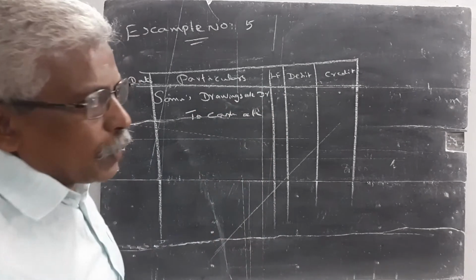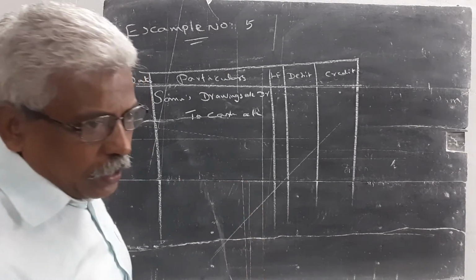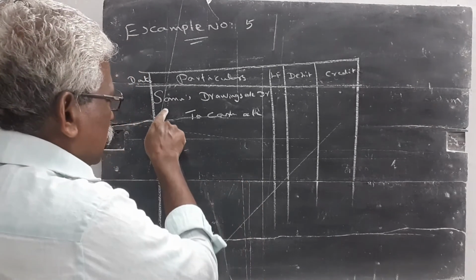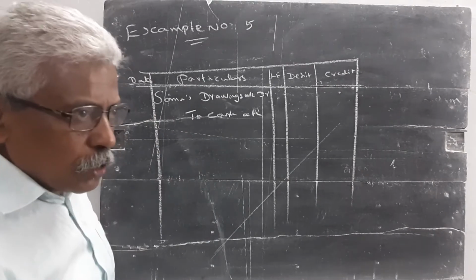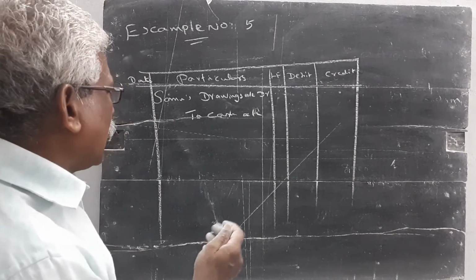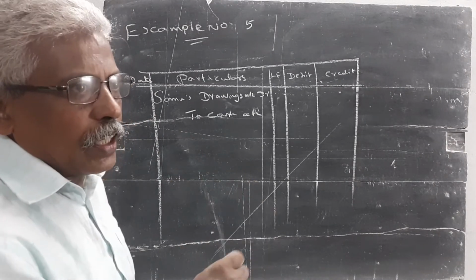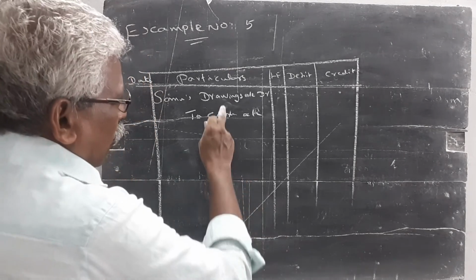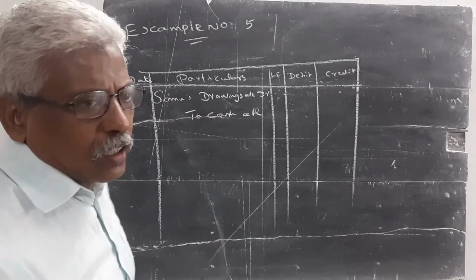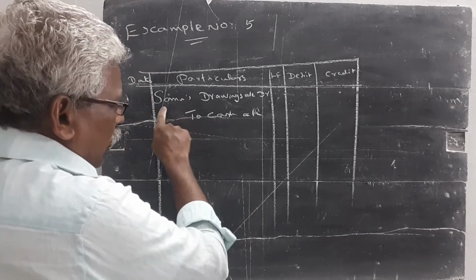It is a sole proprietorship business. So Somu is the only proprietor, so no need to specify his name. If it is a partnership business, Somu and Sundar, we can write Somu's drawing, Sundar's drawing separately. But here drawings means Somu will draw the amount, that's all, so the name is not necessary.